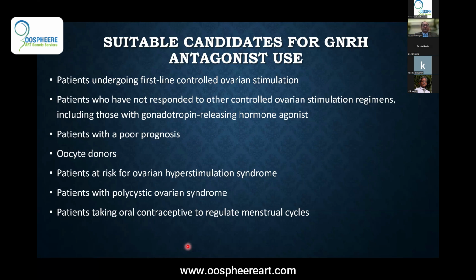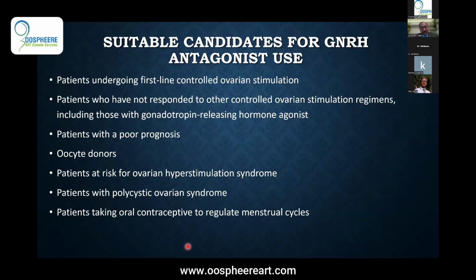But for patients undergoing first-line controlled ovarian stimulation, you can use antagonist as a first choice, or patients who have not responded to other controlled ovarian stimulation regimens like those with GnRH agonists, which we just discussed, or patients with a poor prognosis, that is all low responder patients. For oocyte donors, antagonist is the only choice because the agonist is going to be used as a trigger, which has the advantage of preventing OHSS in oocyte donors.